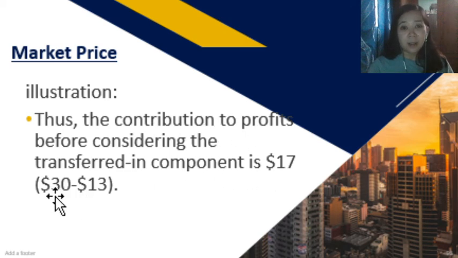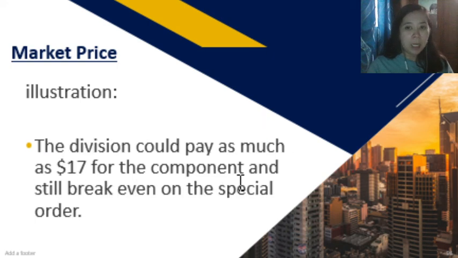That is $30, the selling price of one motor in the special order, minus their relevant cost of $13. So the division could pay as much as $17.